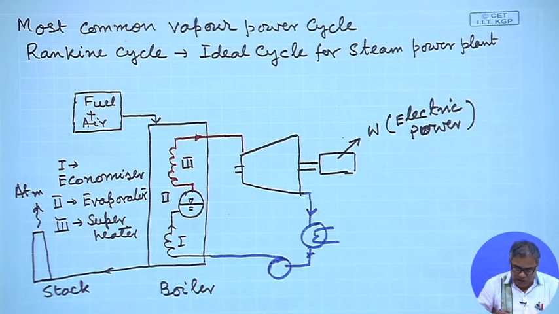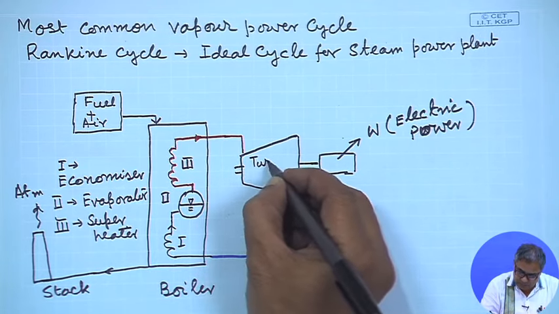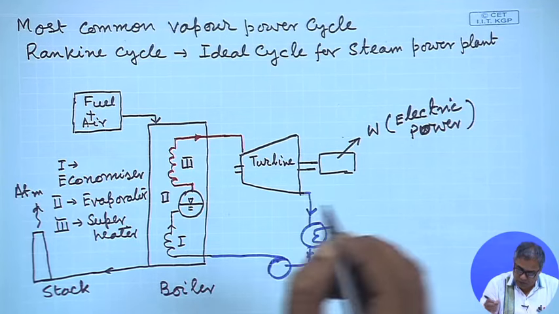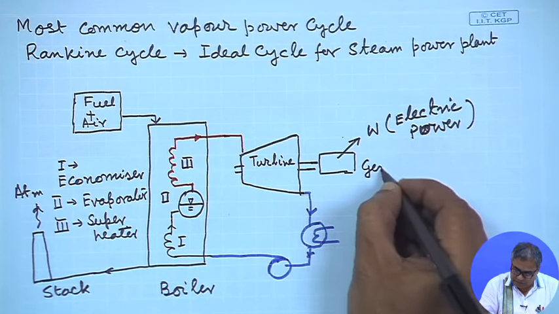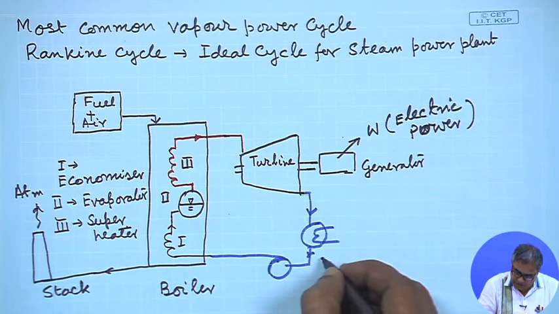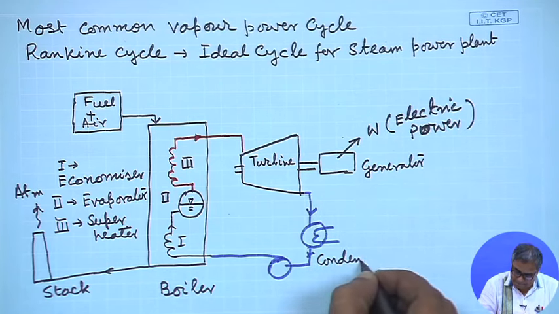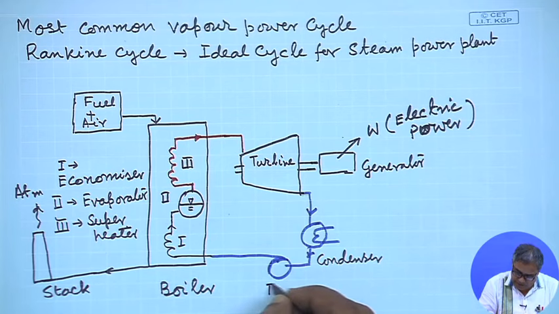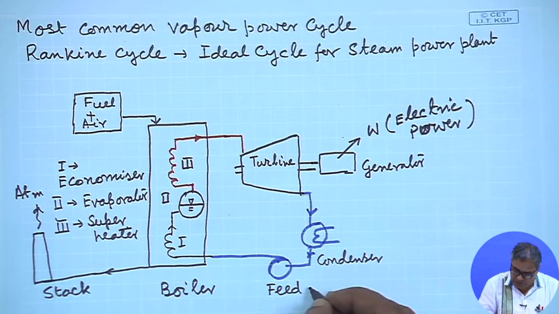So, the additional components, let us write. This is turbine, this is generator, this is condenser, and this is feed pump. Boiler is fed with this pump. So, this is called feed pump.